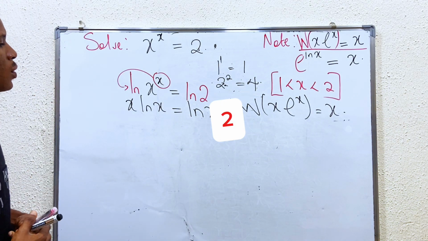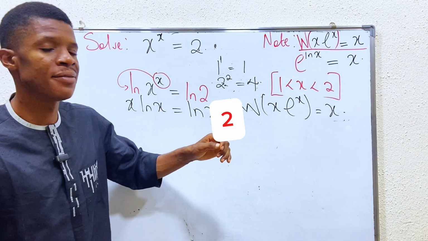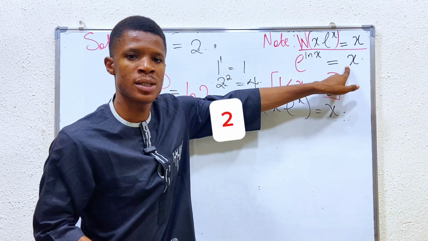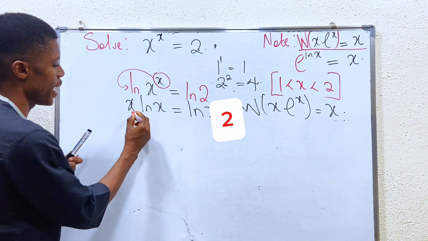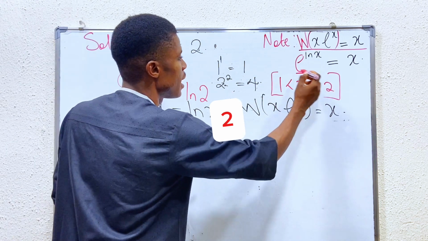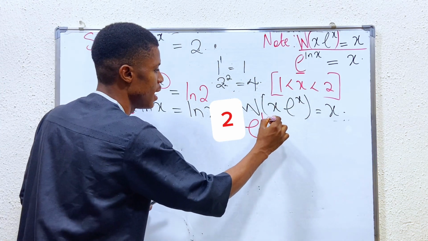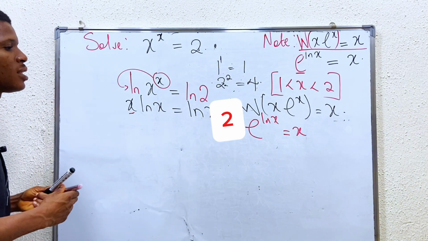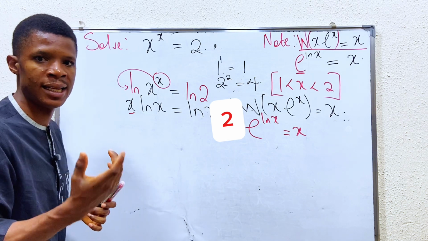We always know the identity that whenever we have exponential of ln x, it is always x. That is, we can now rewrite our x in terms of exponent, since we know that exponent of ln x is equal to x. So instead of using x, we are going to replace it with exponential ln x.